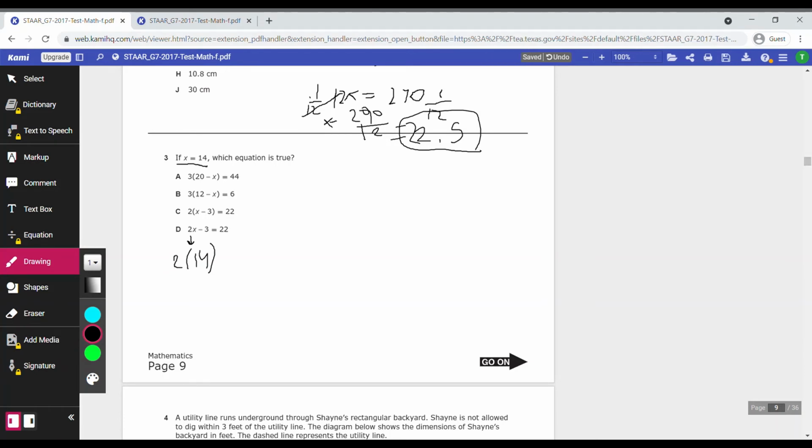So 2 times 14 minus 3, will that equal 22? 2 times 14 is 28, minus 3 is 25. 25 does not equal 22, so D is wrong.